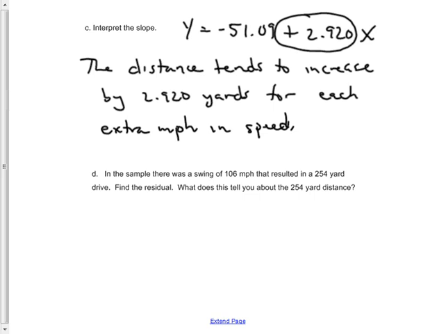All right, D. In the sample, there was a swing of 106 miles per hour that resulted in a 254-yard drive. Find the residual, and then what does this tell you about the distance? Okay, so the residual is your actual minus your predicted y value.